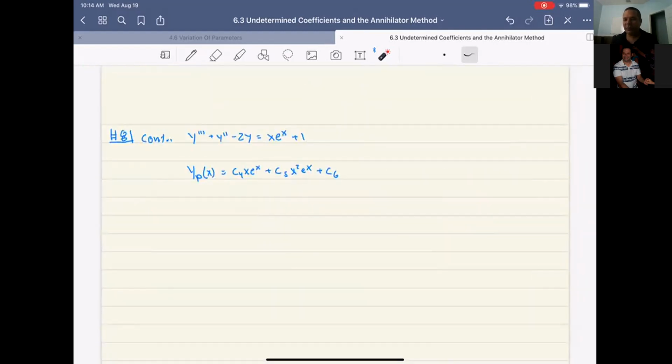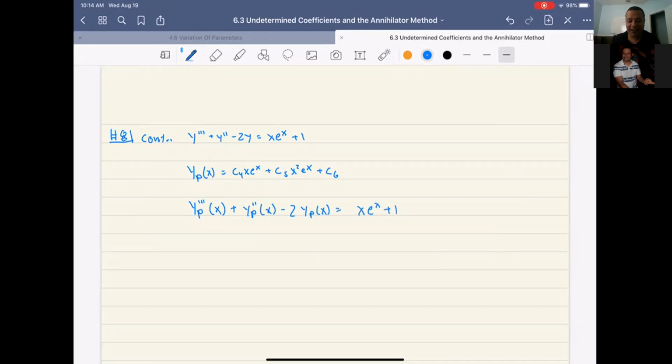Now, what would this entail? This is going to entail us taking this yp and taking yp triple prime of x plus yp double prime of x minus 2yp of x equals, and matching it up to x e to the x plus 1.